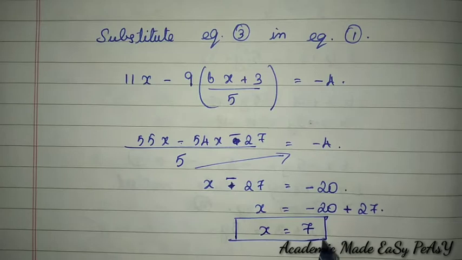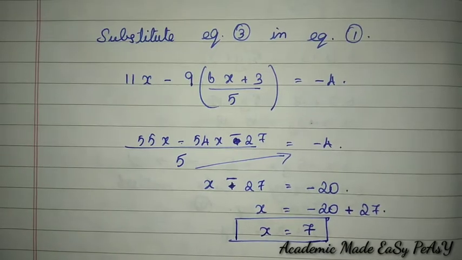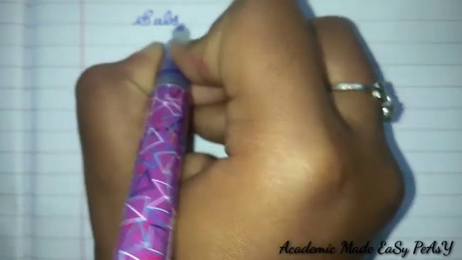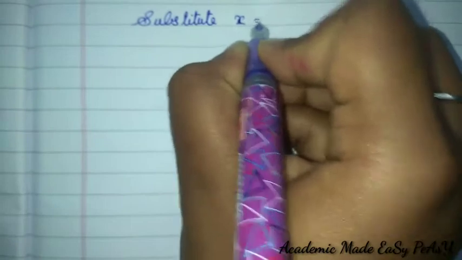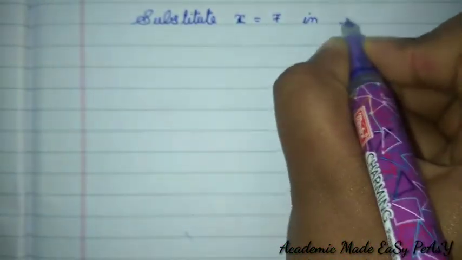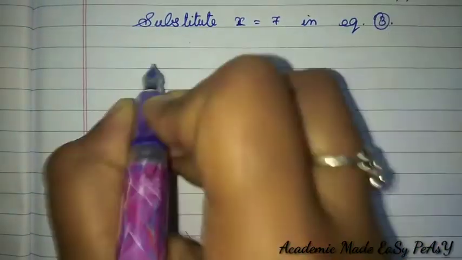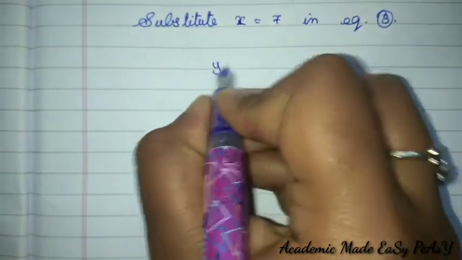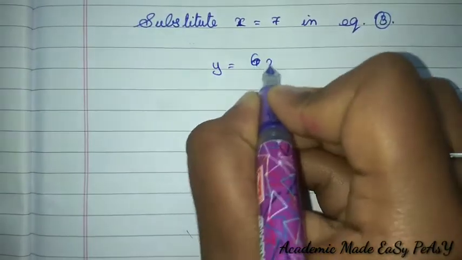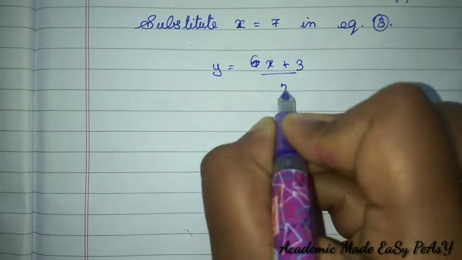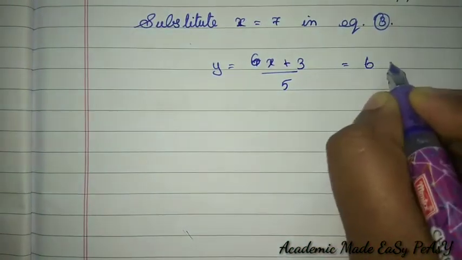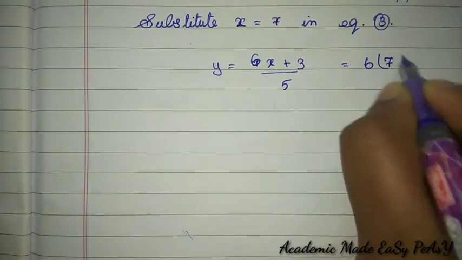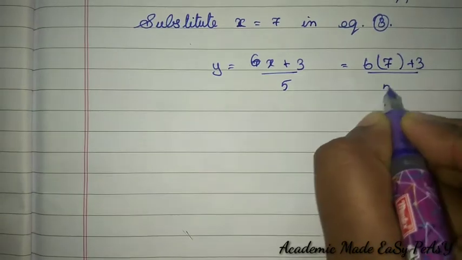So now I will be substituting the value of x in equation 3. Substitute x is equal to 7 in equation 3. So y is equal to (6x plus 3) divided by 5. So 6 into what is my x? It is 7, plus 3, divided by 5.